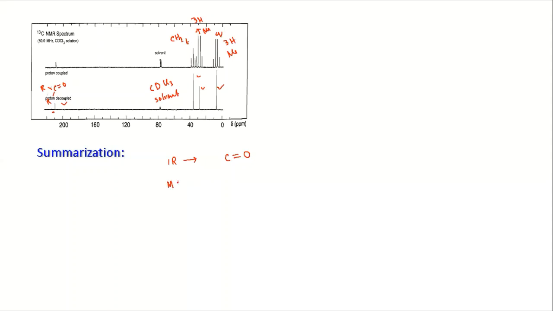Mass is telling you that you have unsaturation, methyl radical elimination, and ethyl radical elimination. That information you are getting from mass.